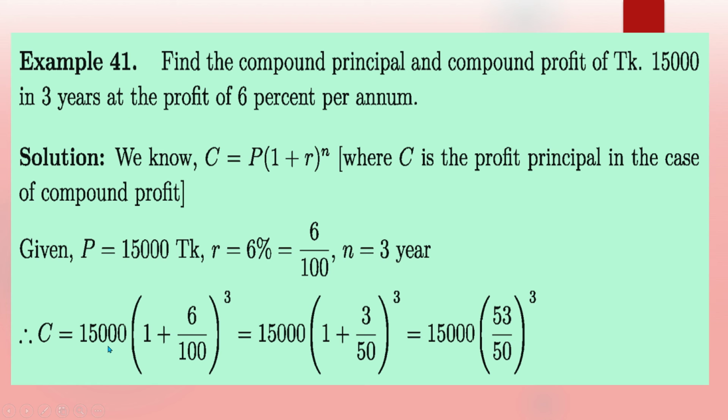Therefore, C is equal to P into 1 plus R to the power N. P is equal to 15,000, 1 plus 6 by 100. You can use the unit taka here. And this equals, just calculating, 53 by 50 to the power 3.